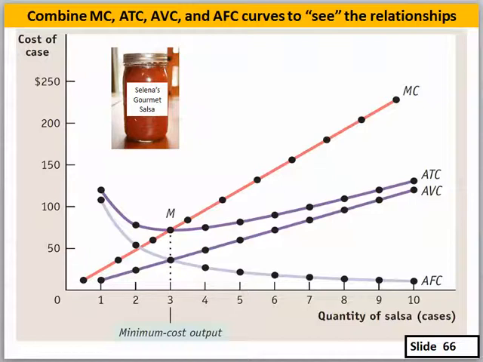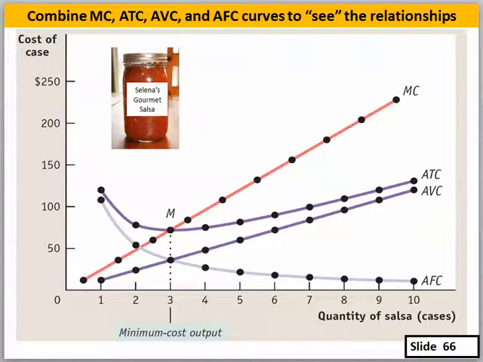We have our average variable cost, which in this example is increasing the same amount for each additional unit that we produce. And when we combine the average variable cost and average fixed cost, we get our average total cost. It's ATC, or average total cost, is merely the total of the average fixed cost for that quantity and the average variable cost for that quantity.